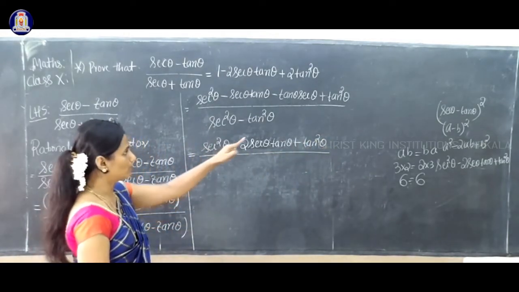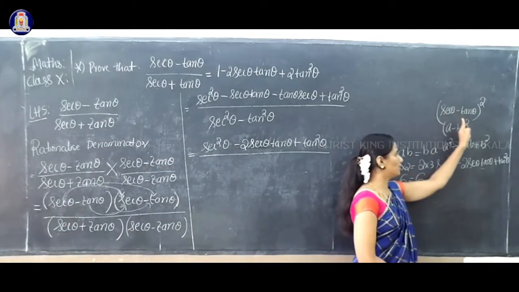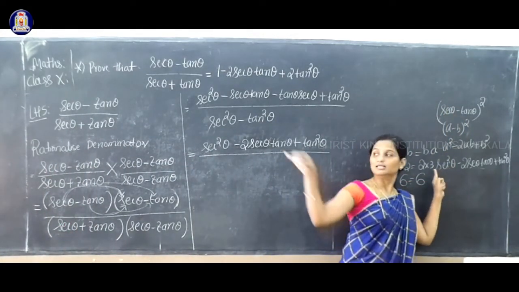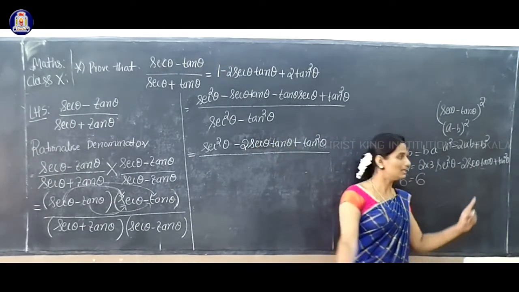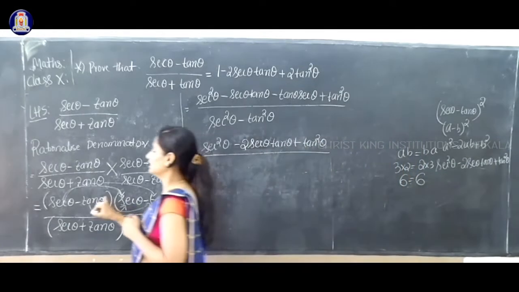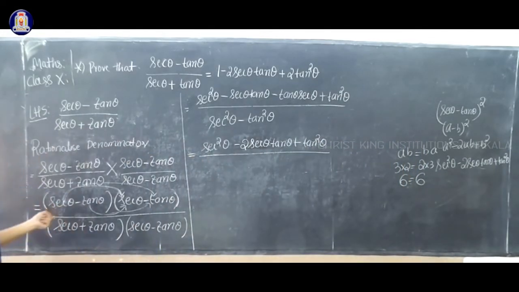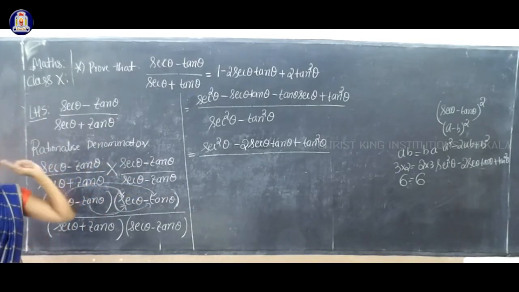I told you, if you apply a minus b whole square, you get the same answer: secant square theta minus 2 secant theta tan theta plus tan square theta. So you can use the a minus b formula or you can multiply. Whichever is easy, follow that method.